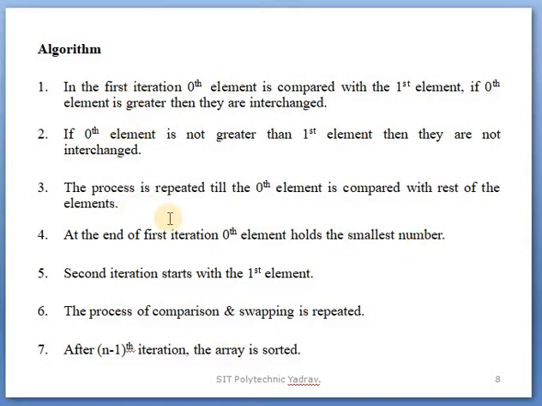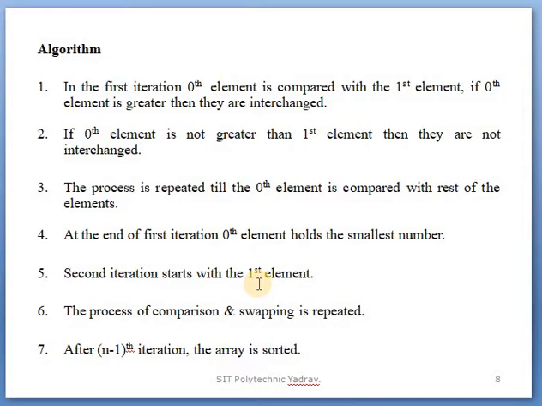The second iteration starts with the first element, because after the first iteration the 0th element holds the smallest number, the sorted element. So the next iteration starts with the first element.